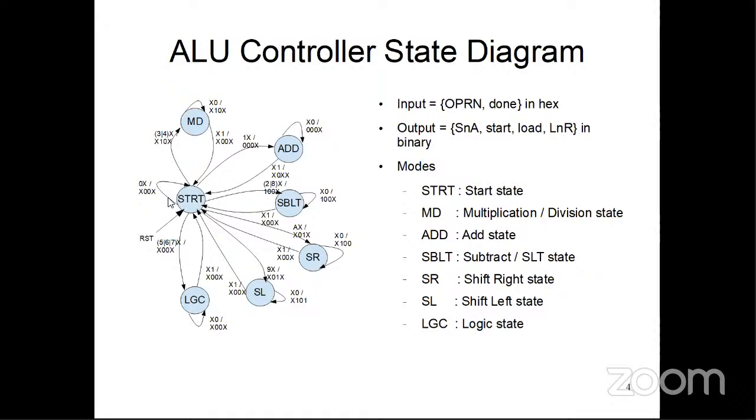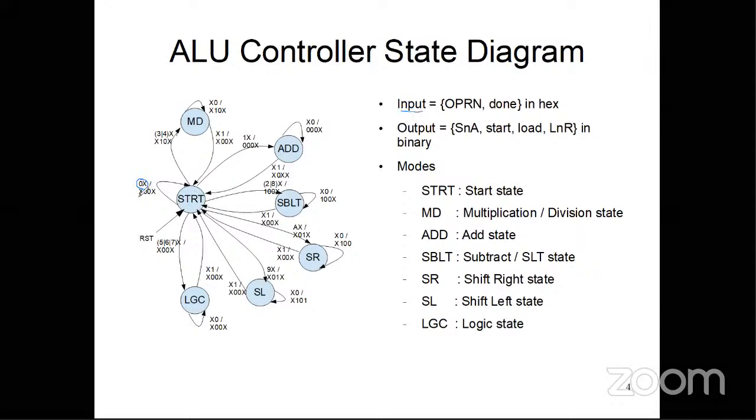And as long as the operation code is 0, so this is first 0x, this one is your, let me see if I can annotate. Okay. So this one is your input, and this part is your output.